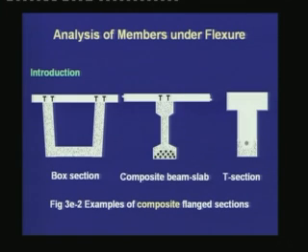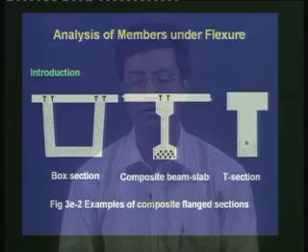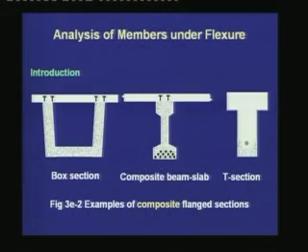In this sketch, we are seeing some composite sections. The web is precast and then moved to the side. The flange is cast in place made at the side. This type of composite sections are common in buildings or in bridges.